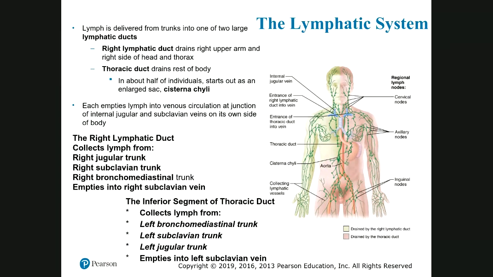And it drains the upper right hand, upper arm, and the right side of the head and the thorax. So what happens if I have a tumor or blockage in the right lymphatic duct? The patient will get a swelling. I saw some patients who had the right part of their lip, of their mouth, swollen because of a blockage in the right lymphatic duct.